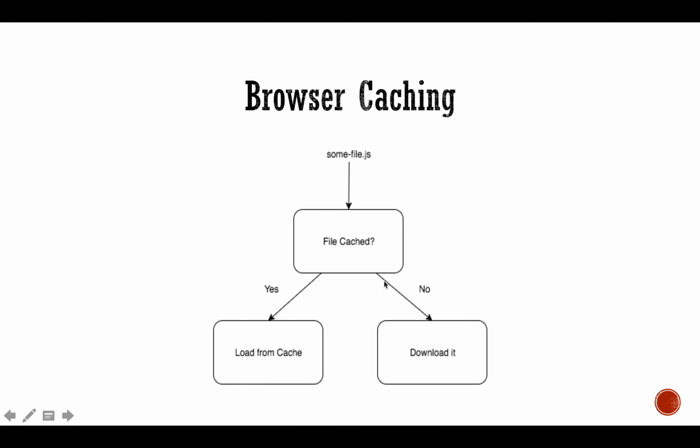That's not too tricky, but what we need to understand is how the browser knows if a file is cached or not. Basically, the browser looks at the file name. If the file name is different, it says, oh, I must not have that file, let me download it. However, if the file name has remained unchanged, it will load it from cache.